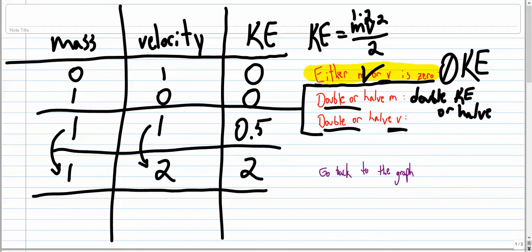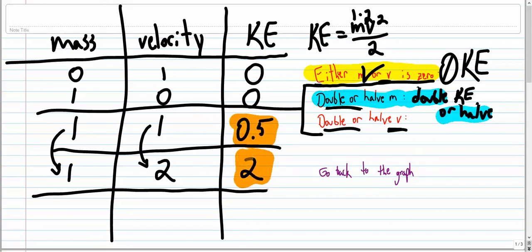That is definitely different. This is not the double or halve relationship that we had with mass. This is something else. What we've got now is 0.5 up to 2. Well, how many times does 0.5 go into 2? That is a change of 4 times. That's significant.